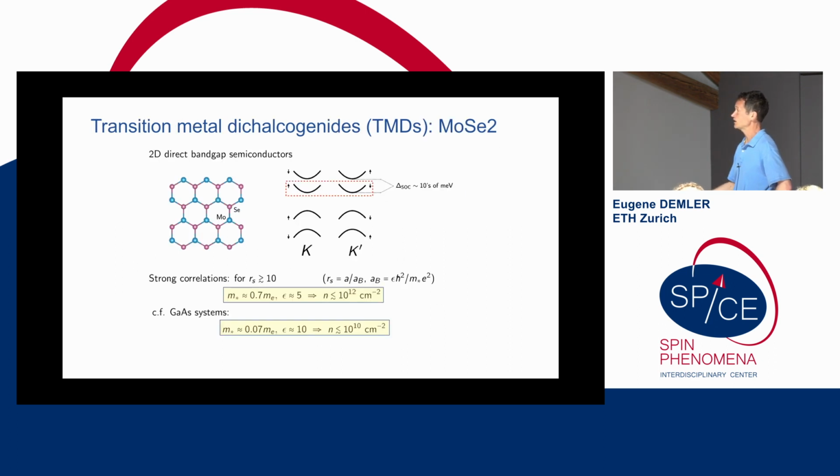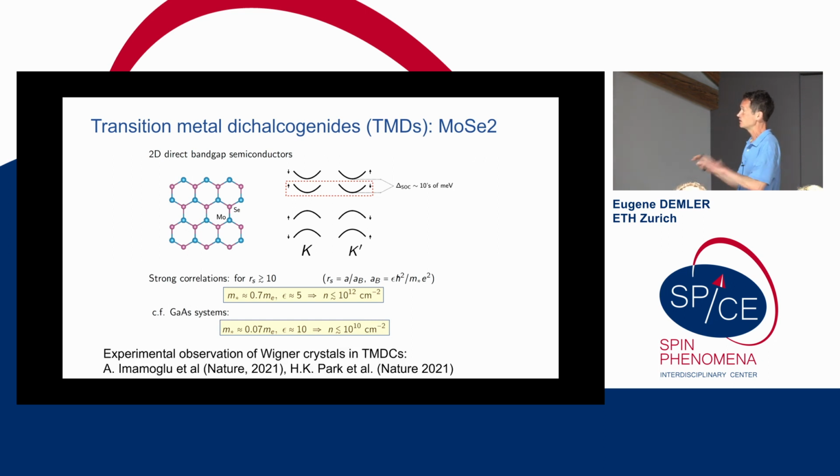And in fact, these crystals have been observed, not so long ago, by the ETH group and the Harvard group in transition metal dichalcogenides. What made it possible was the feature of TMD materials that they have a heavier mass and a smaller dielectric constant, which means that they could go to higher densities to see Wigner crystal behavior.